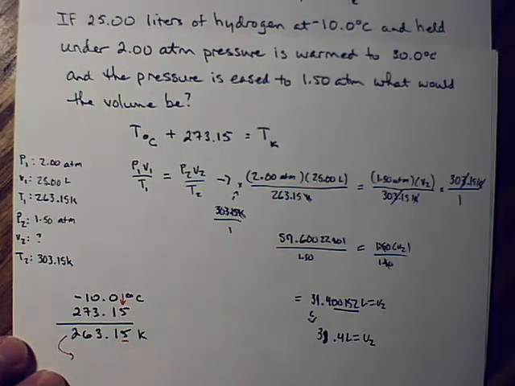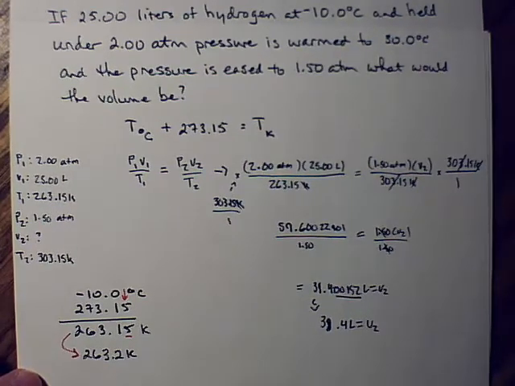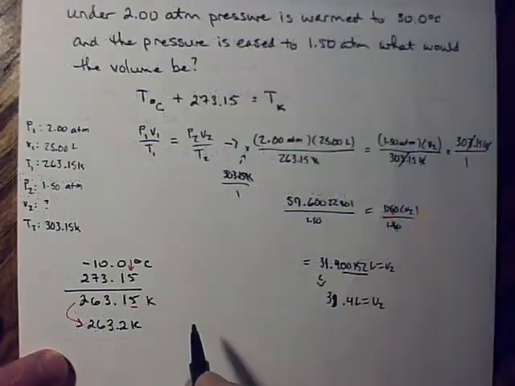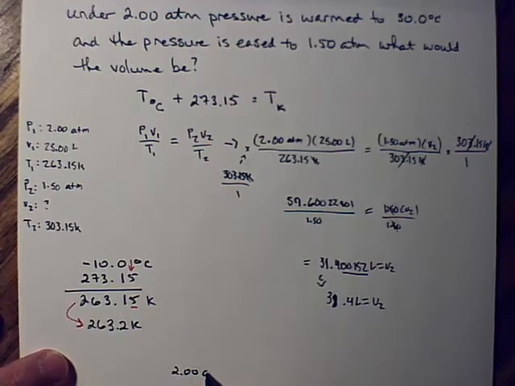And so what we're going to get here is 263.2 K. We need to have the significant digits right. The same is true when you're converting the 30 degrees. A better solution would have been to put in this 2 atmospheres he had here.